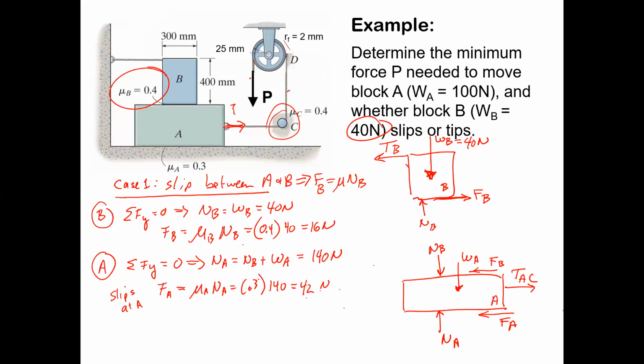What? 0.3 times 140. Yep, 14 times 3 divided by 10. Yep, 42 newtons.